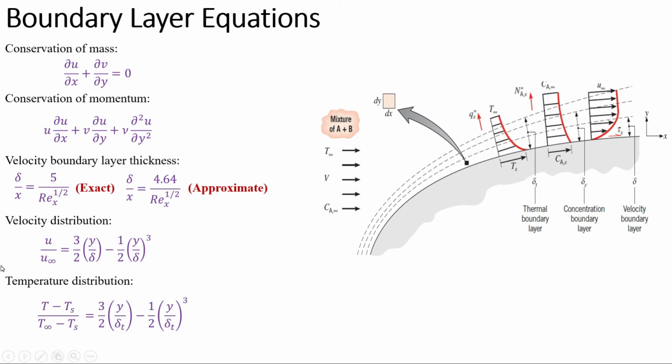Now we are moving towards another equation which is related to the thermal boundary layer, and that equation is known as the energy equation. So we are considering this differential volume within the boundary layer. Draw this differential volume in your notebook.